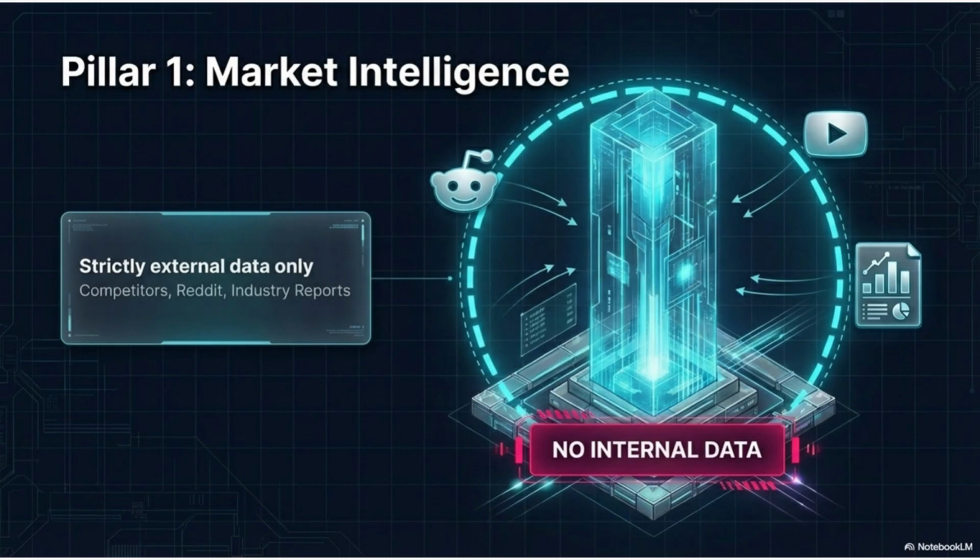Pillar 1, Market Intelligence. This pillar has one job: to show you what's happening outside your business. What goes in here? Competitor sales pages, Reddit thread exports from your niche, YouTube comment transcripts from the top videos in your space, industry report summaries, and so forth.